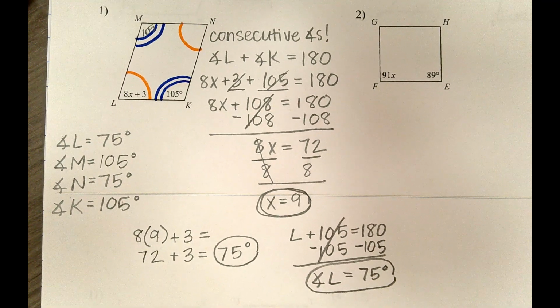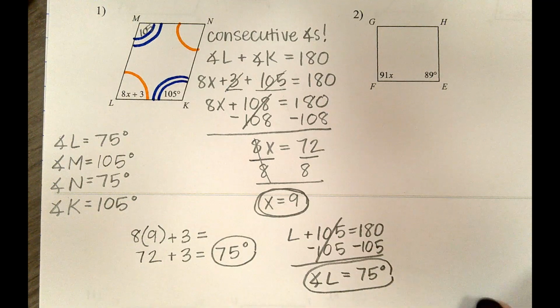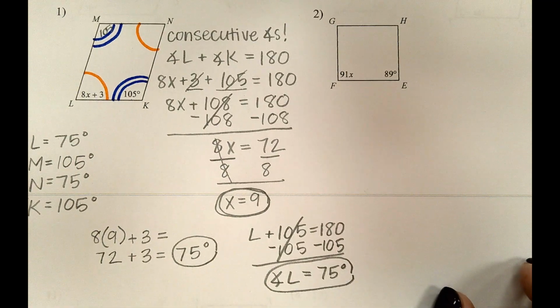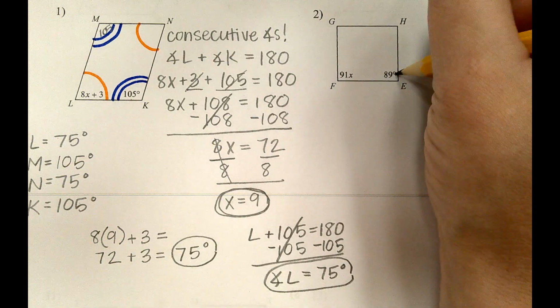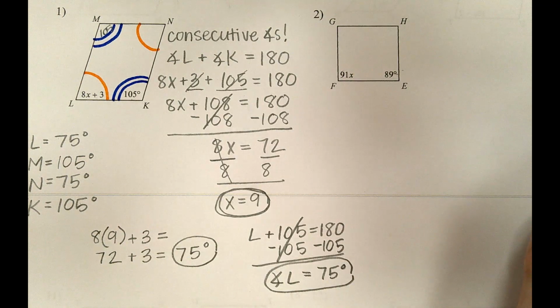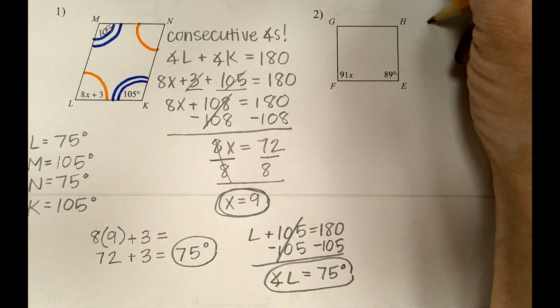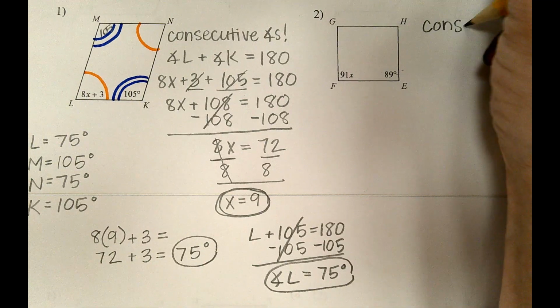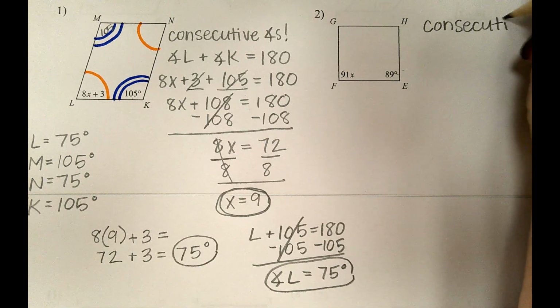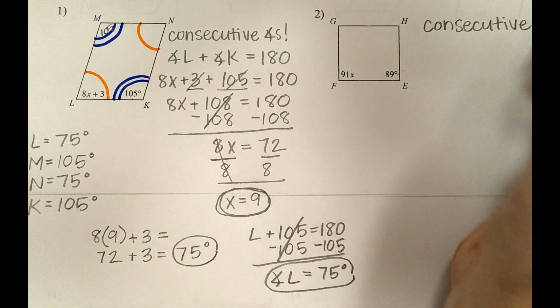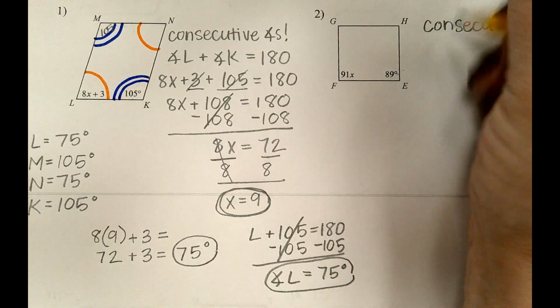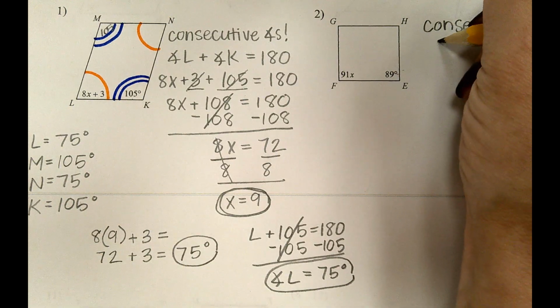Okay. Let's look at number 2. Now, are these opposite angles or consecutive? Consecutive. Good. So, consecutive angles add up to 180 degrees.